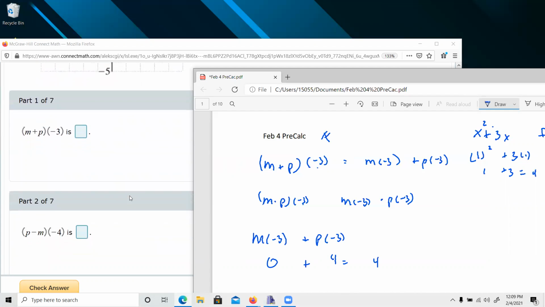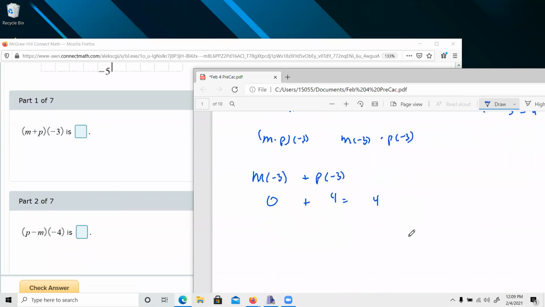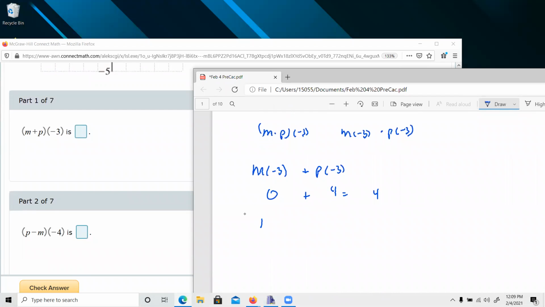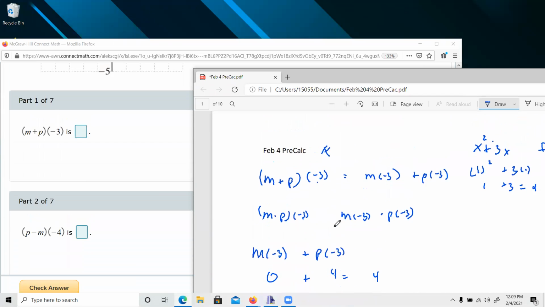The next one down here is p minus m. We're going to effectively do the same thing. We're going to say p minus m of -4. That's p of -4 minus m of -4. Now we're not doing anything with the negative signs because this is a location, not really a number.